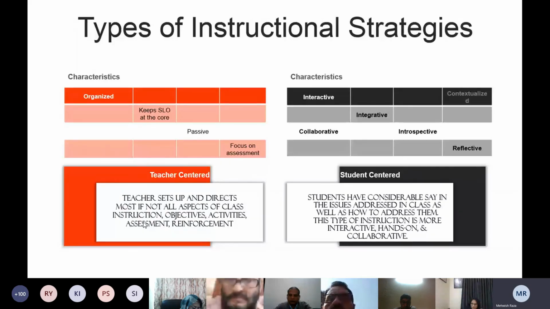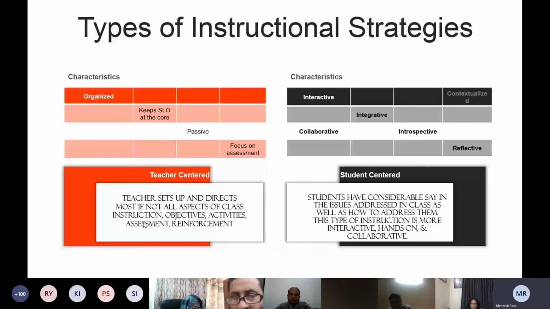They are collaborative. The student-centered instructional strategies are usually based on the laws of collaboration. Sometimes students have to work in groups, sometimes in pairs, sometimes, even if they are not working with another human or with their peers, then they are interacting and collaborating with different activities.